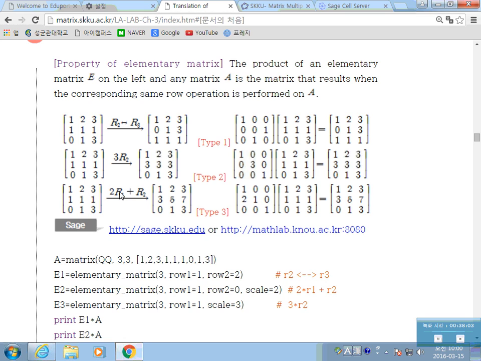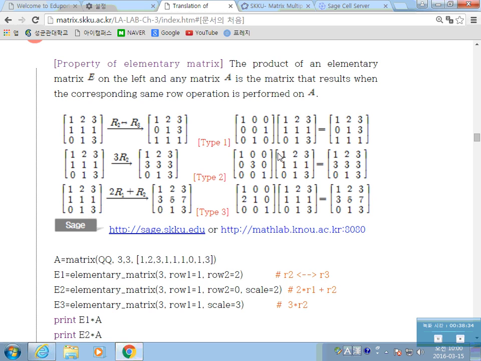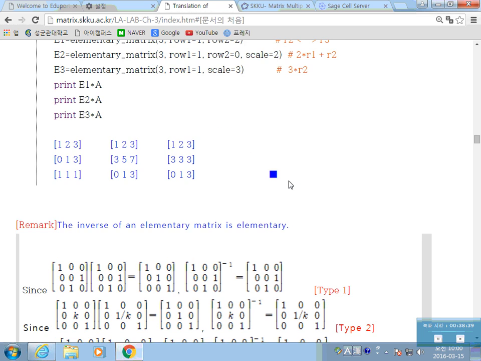When you do the third type of elementary operation, you just multiply this elementary matrix on the left to get the same matrix. Do you see? This and this are the same. So what you did with the elementary row operation is exactly the same as multiplying the corresponding elementary matrix on the left. Got it? So an elementary row operation can be done by just multiplying the corresponding elementary matrix.